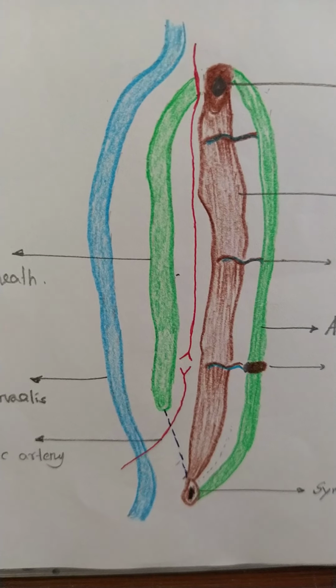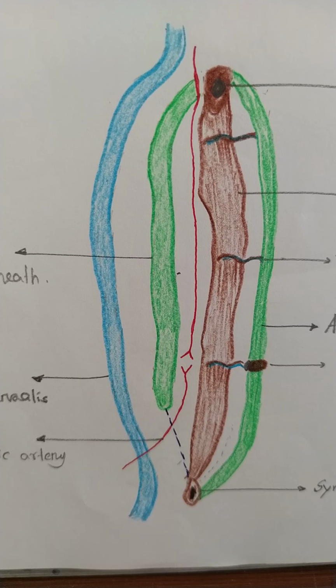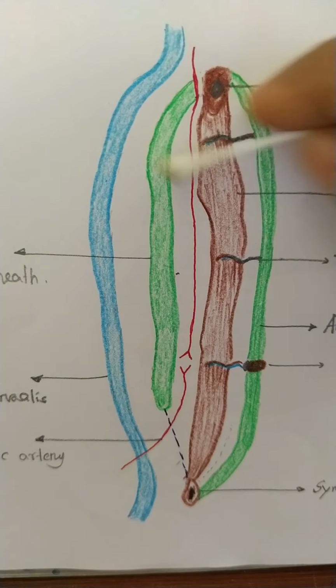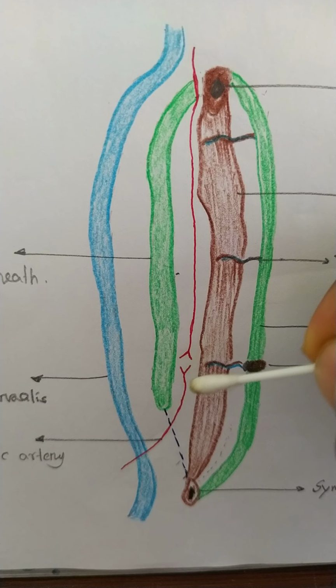It is found in the fascia of Camper or superficial fatty layer. So I hope it will not be mistaken later on.